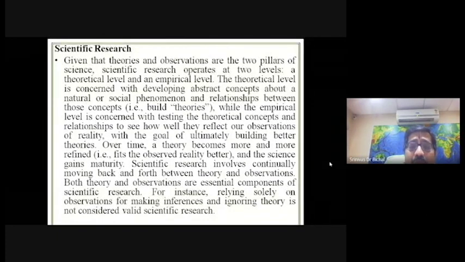Now, to have an idea, you have to read a lot. You have to read all the theories. Once you are well versed in these theories, you understand what has already happened and how we got to the present state. How do we know this? By reading the theories that have been proposed, by reading the concepts that have been proposed.